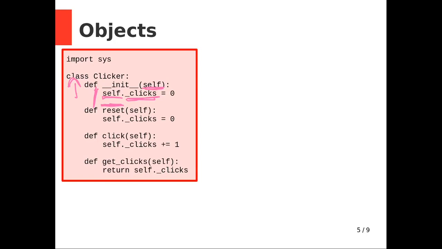So down here I've got some functions. Reset, in a fairly straightforward way, just resets the clicks to 0. Click. So again, that's like you're working the gate at a carnival, and you click the clicker, right? So it increments the count by 1, and then get clicks just returns that click count. And if you remember that self._clicks is not really private, you kind of don't need this function, right?